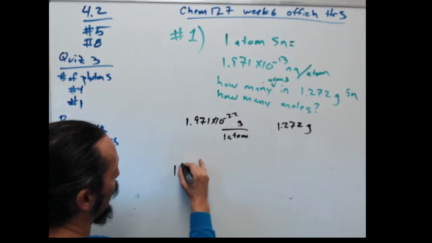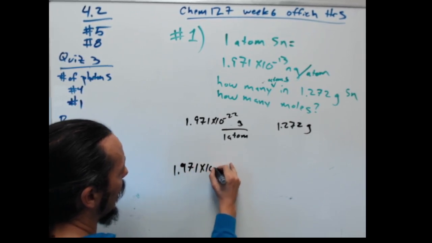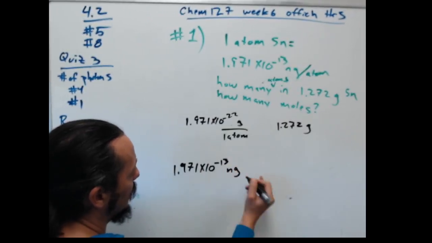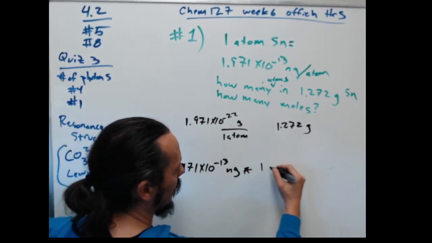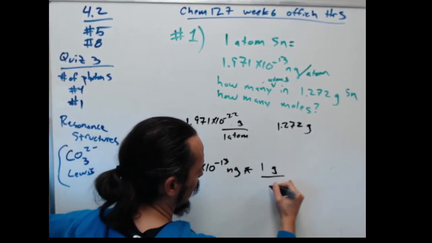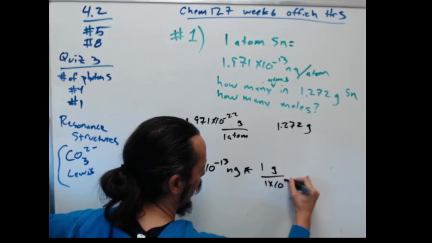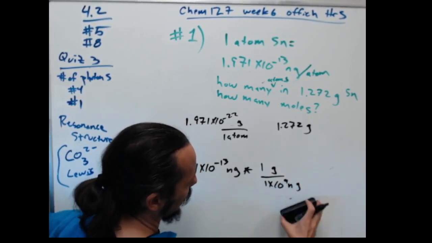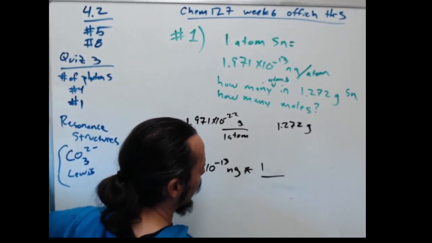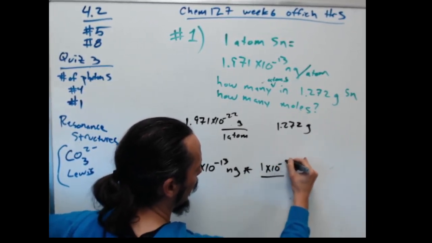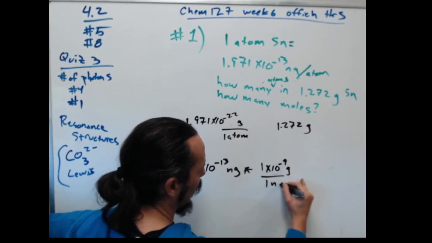So what we have is 1.971 times 10 to the minus 13 nanograms per atom. And then I'm going to multiply by 1 gram is 1 times 10 to the 9 nanograms. I'm going to flip that because I don't like division as much: 1 times 10 to the minus 9 grams per 1 nanogram.